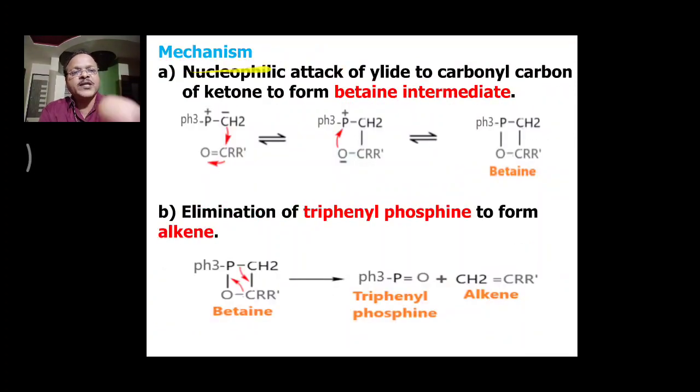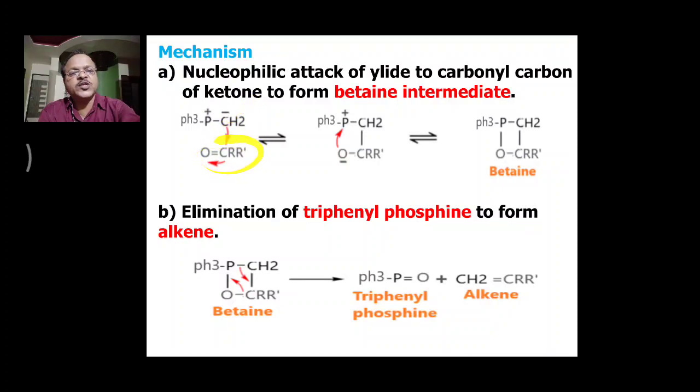Now let us come to the mechanism of this reaction. The mechanism involves 2 steps. The first step is nucleophilic attack of phosphorus ylide on the carbonyl carbon of the ketone to form a betaine intermediate. This is the phosphorus ylide, in which phosphorus carries a positive charge and the CH2 carbon carries a negative charge.